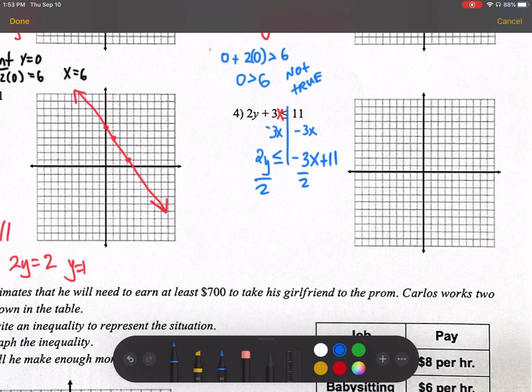Divide everything by 2, and we get y is less than or equal to negative 3 halves x plus 5.5. Okay, so we go to 5.5. This is a little trickier because it's a decimal, but we're going to go down 3 over 2.